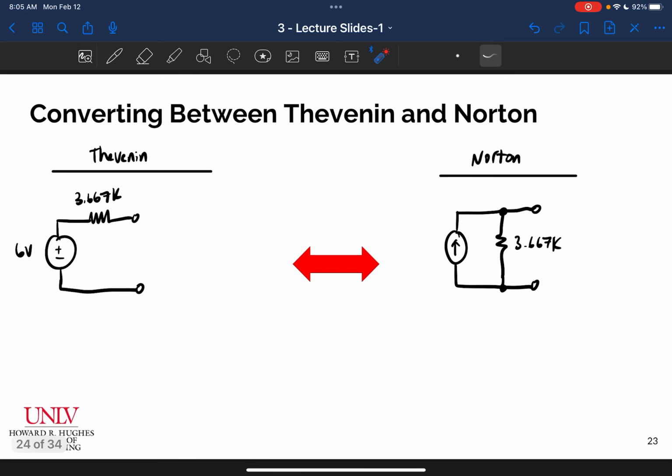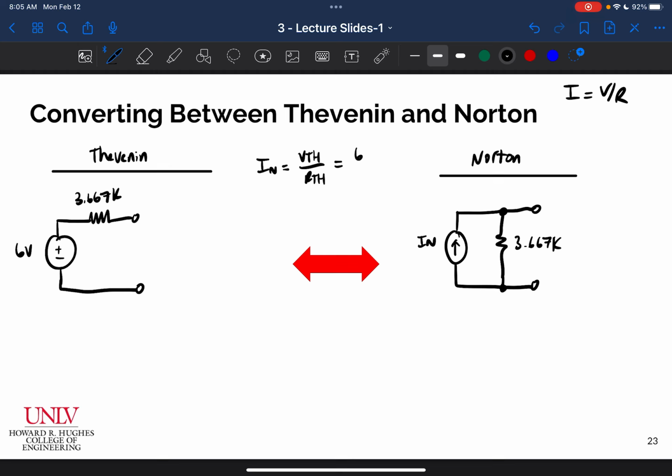However, if I don't want to go through that whole process of shorting the load terminals and trying to do something circuit-wise to find the current, I don't have to. If I have my Thevenin equivalent circuit already, I can find I Norton using Ohm's law. If we remember correctly, when we rearrange Ohm's law, we get that I is equal to V over R. If I want I Norton, all I have to do is take V Thevenin over R Thevenin, and I get I Norton.